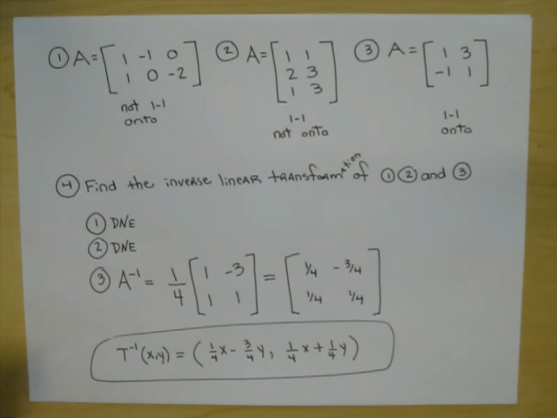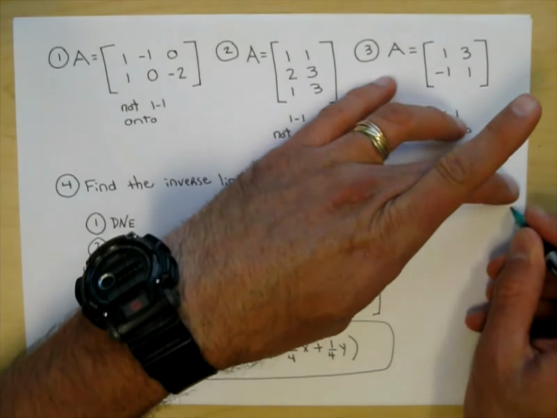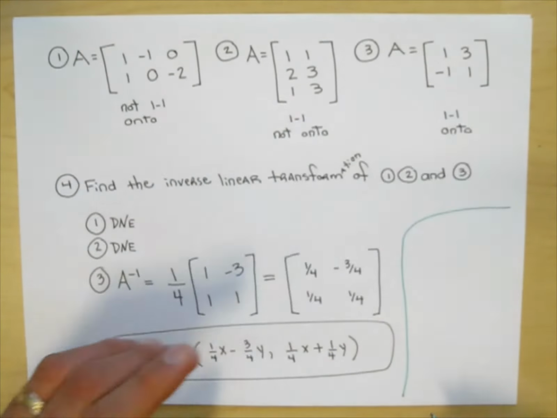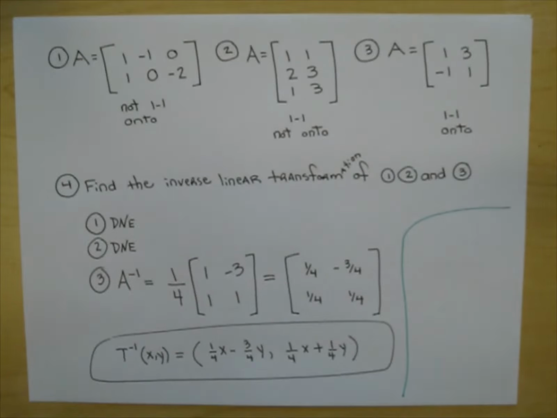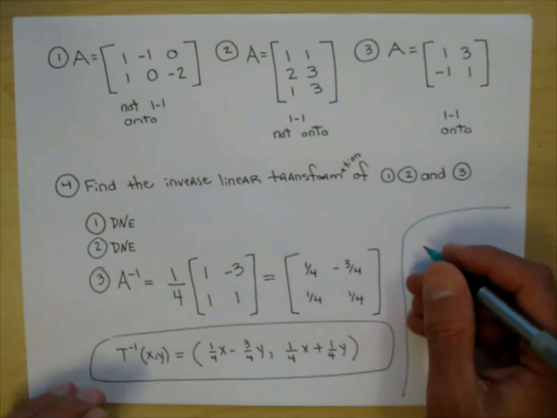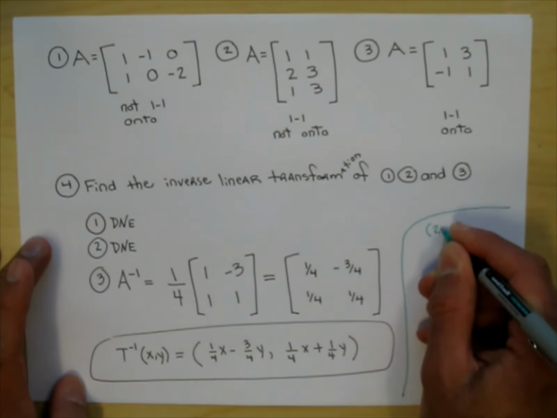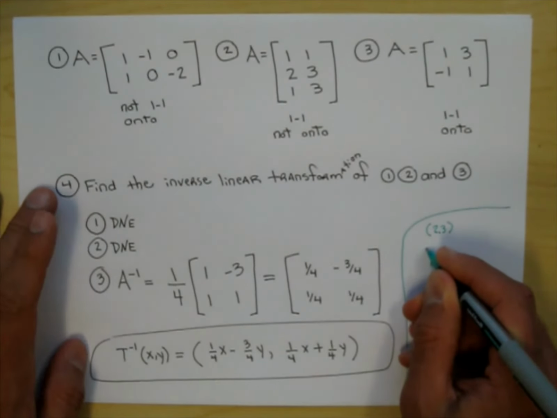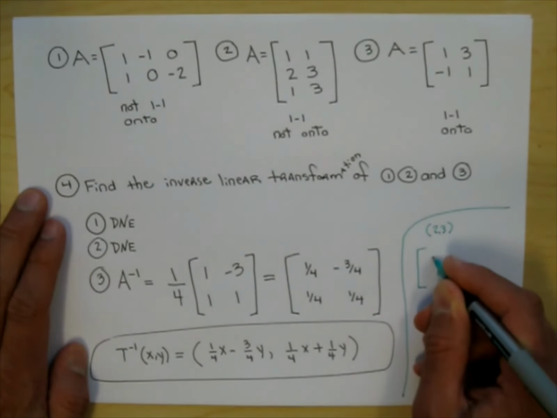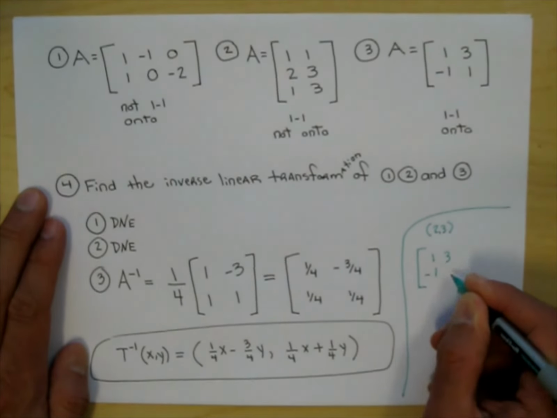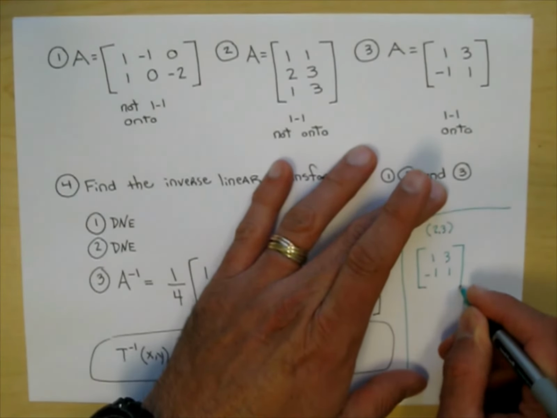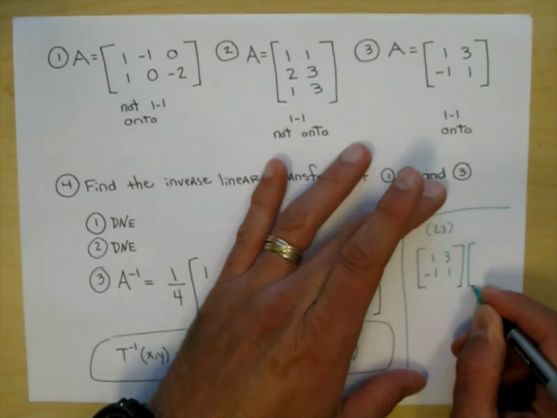Now we could say, hey, let's take a look at a vector. We're done with this problem, by the way, and now we're just having a little fun. Some of you are like, I don't think this is very fun, but we'll pretend you're having fun. Let's take a vector (2, 3). I have the matrix 1, 3, negative 1, 1, and I send it through the transformation.